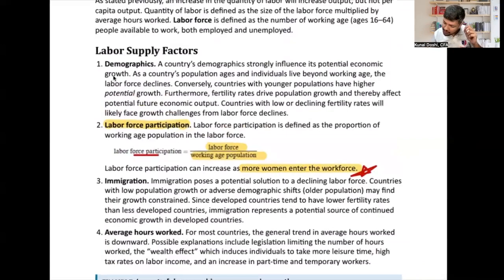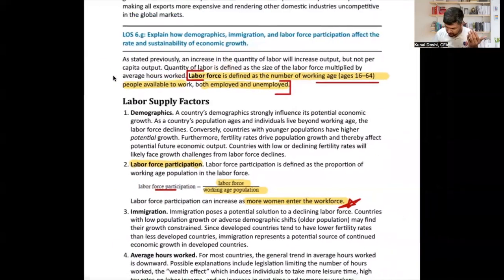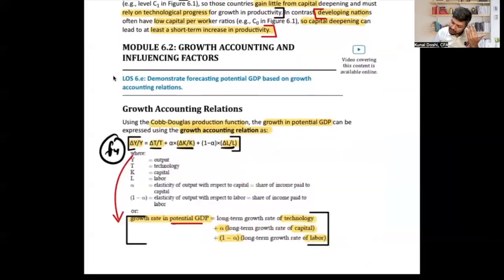And the term labor force is actually all those people from the working age population who are available to work, whether employed or unemployed. So labor force is all the people of working age, whether they're employed or unemployed. Now, this is my labor force participation. So what is labor force?